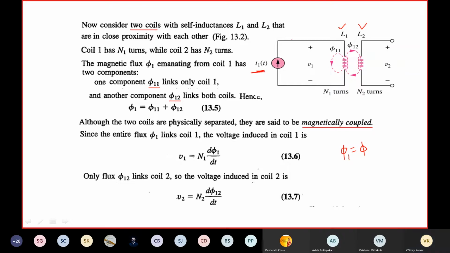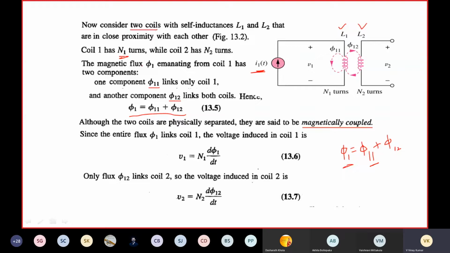This has two components, phi 1 1 and phi 1 2. The flux which is linking coil 1 only is called phi 1 1. Here it is given: phi 1 is equal to phi 1 1 plus phi 1 2.